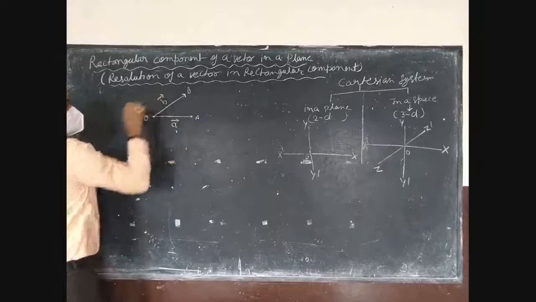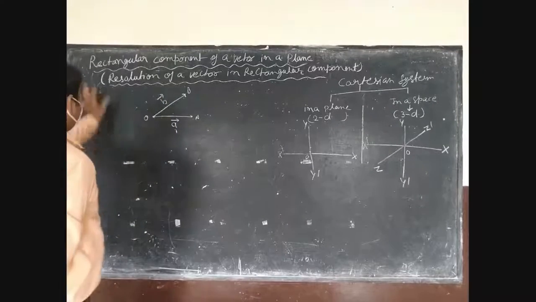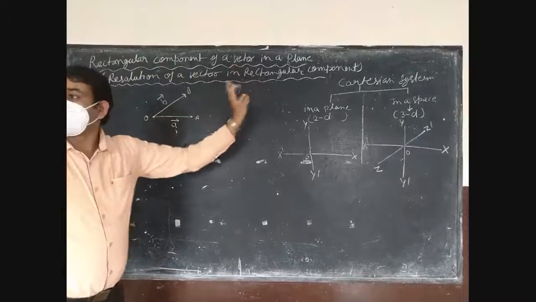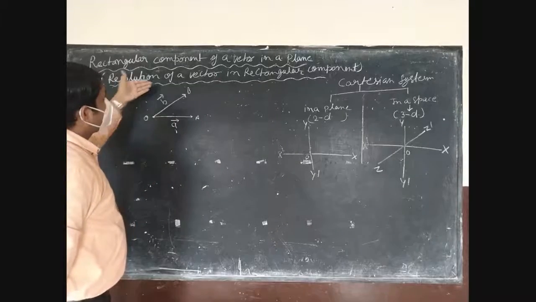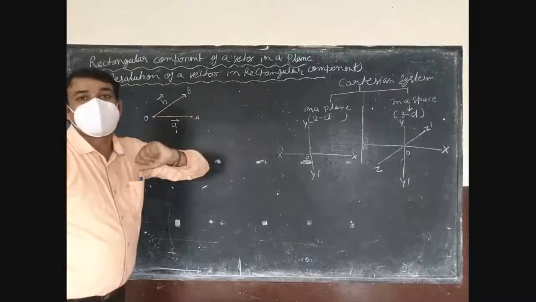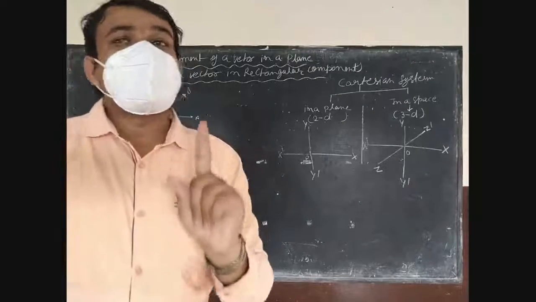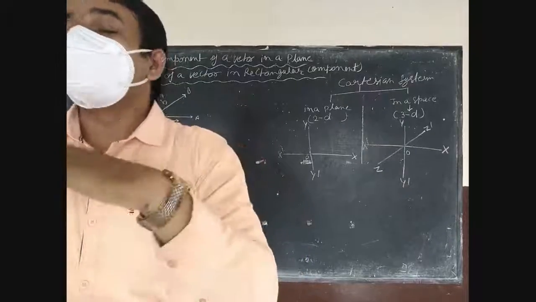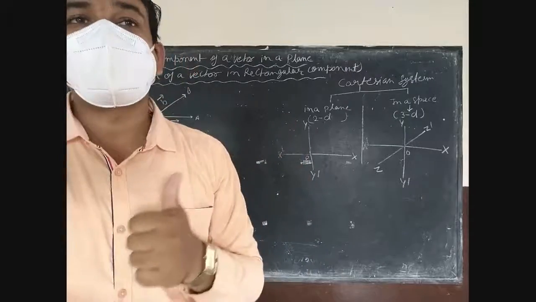This is vector B. Now the rectangular component of a vector in a plane, or you can say resolution of a vector into rectangular components, is basically getting the effect of the vector along the two axes, the x-axis and the y-axis.